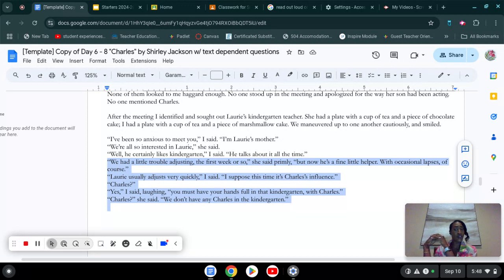They're the same person. So Charles does not exist. Charles is actually Lori. So now how do you think the mom feels when she's been trying to meet this mom all weekend, every PTA meeting, and she's never there, and comes to find out she's Charles's mother.